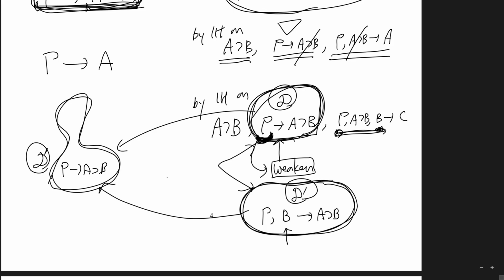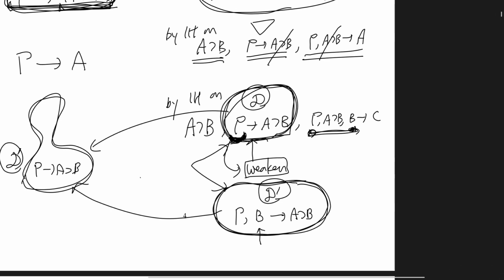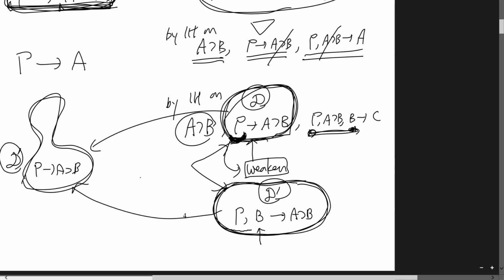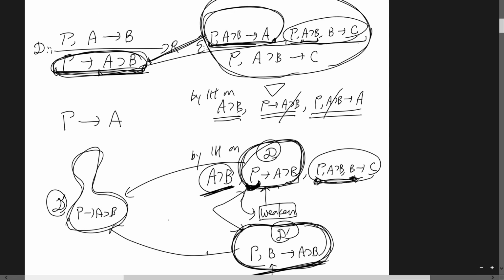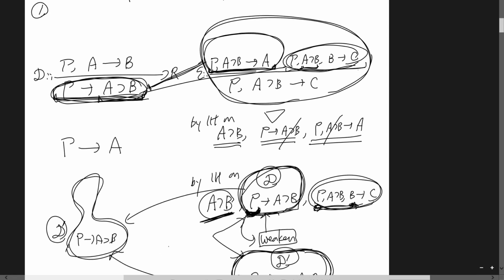Now, we would like to apply induction on this one and this proof. The cut formula is the same. The proof of the first sequent is the same, but luckily, the proof of the second sequent is strictly smaller than the original one.